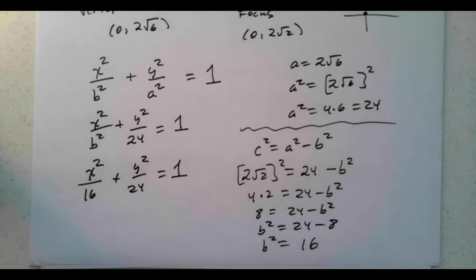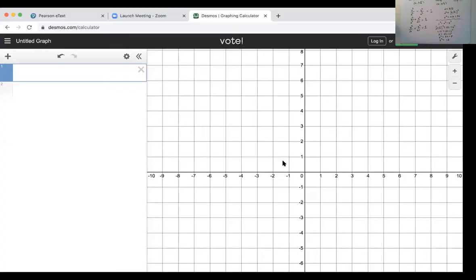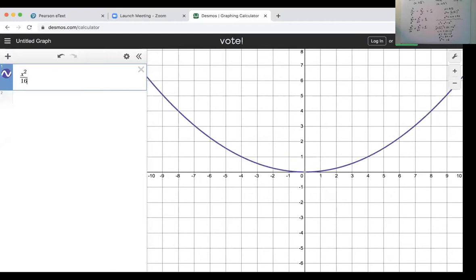and see if we can do that. So we have x squared over 16 plus y squared over 24.